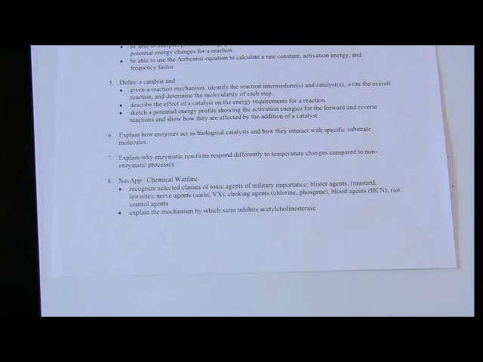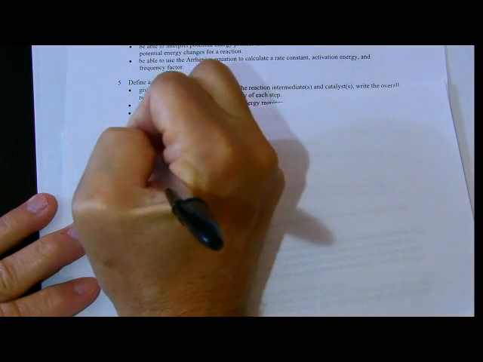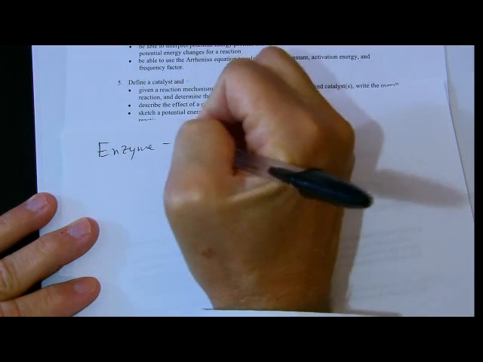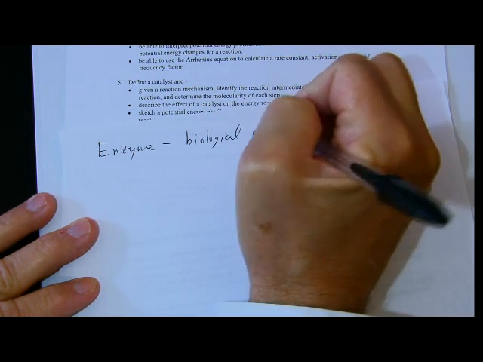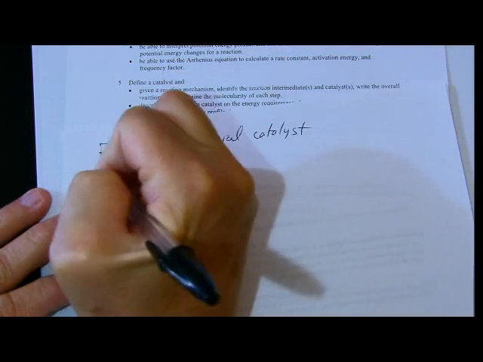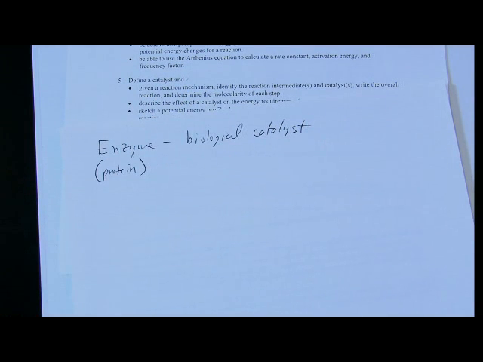So an enzyme is a biological catalyst, and it is a protein made up of a whole bunch of amino acids. These are huge molecules, sometimes tens of thousands of grams per mole.